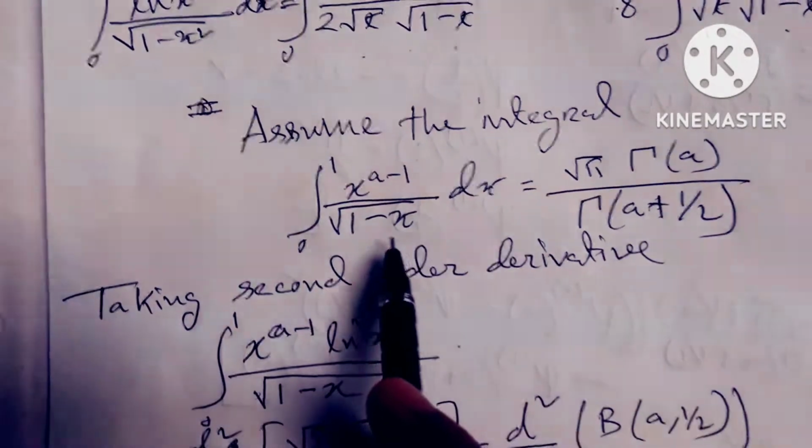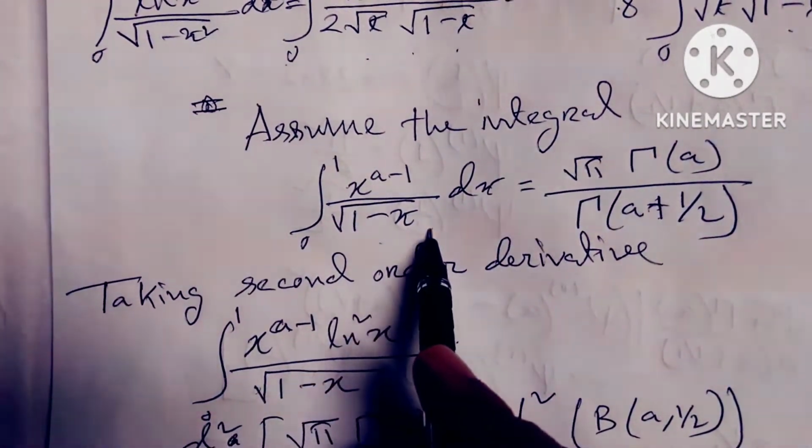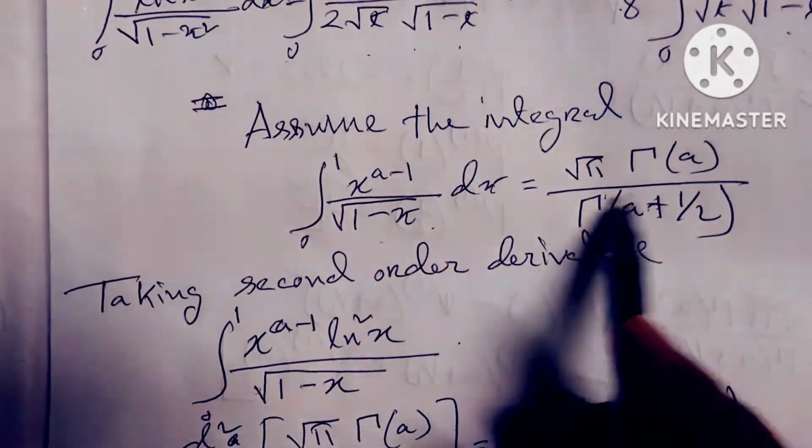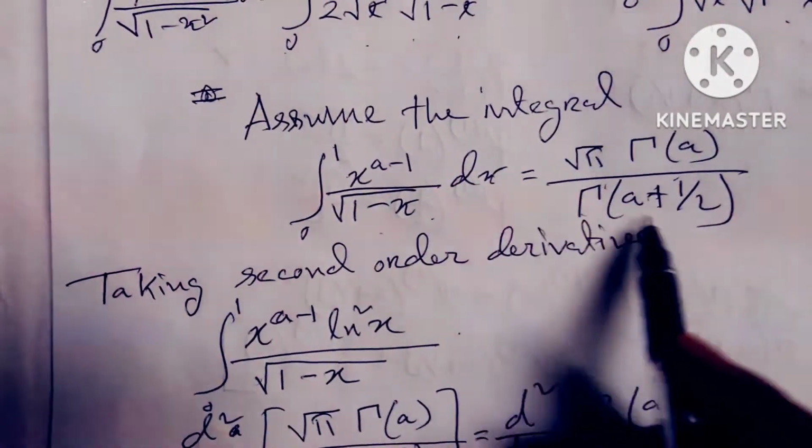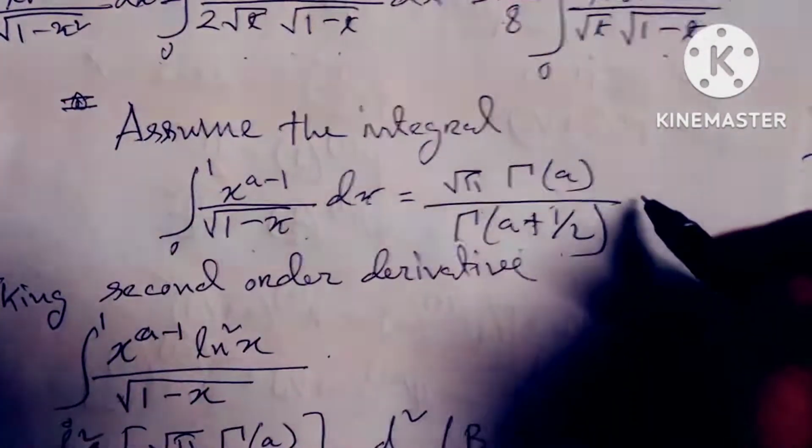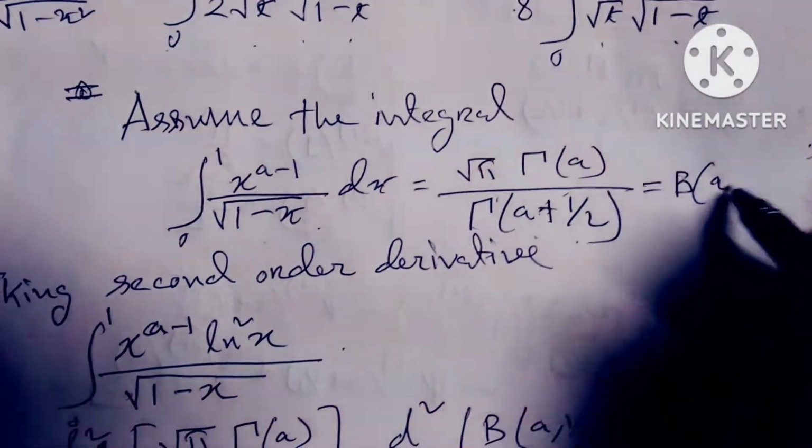Now the formula is that the integral of x to the power a minus 1 over root of 1 minus x equals root pi gamma a divided by gamma a plus half, because this equation is beta of a comma half.